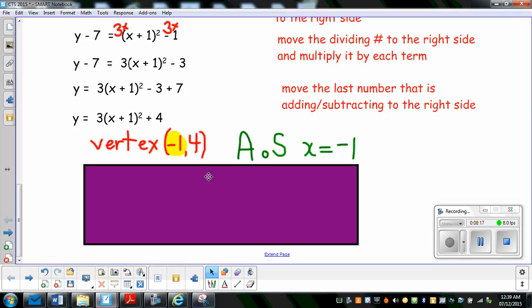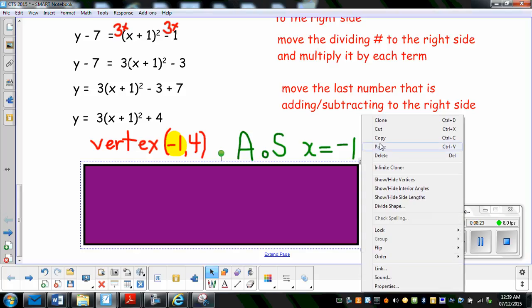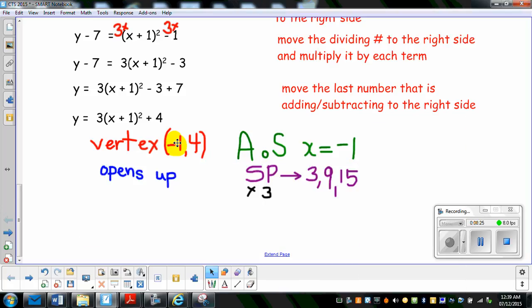So the axis of symmetry, that line that cuts the parabola in half, is at x equals negative 1. We know that it opens up, because that's a positive at the beginning right after the equal sign. And remember, our step pattern is normally 1, 3, 5, but we're multiplying it by 3 out in front here, so it's going to change to 3, 9, 15.